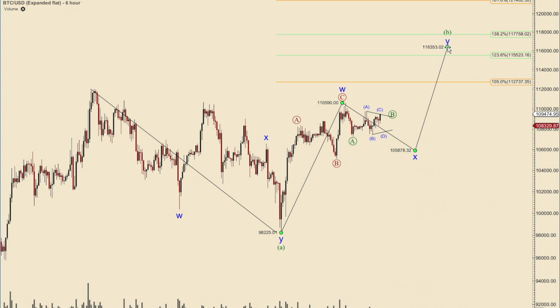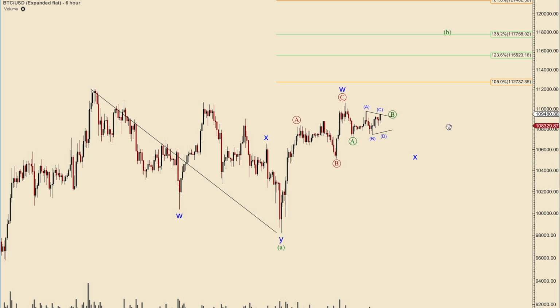So this looks more like a zigzag or a flat to finish wave B. And if we have a zigzag and a flat, you don't have an impulse per se, and therefore we need to account for the move down. But we'll get to that later after we hit wave B.